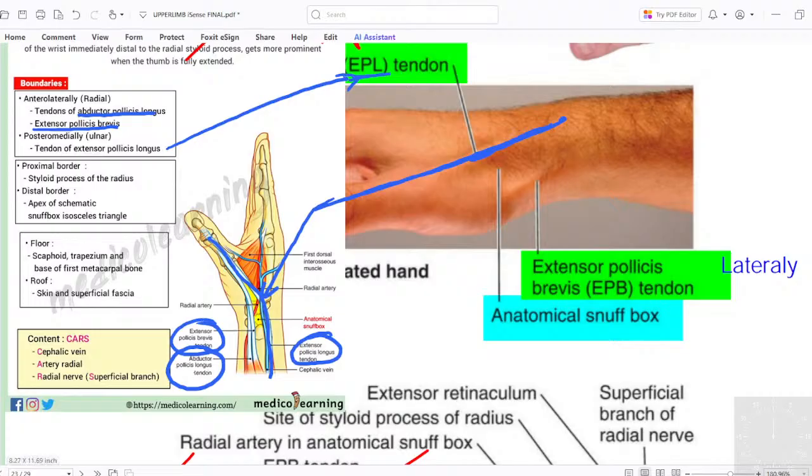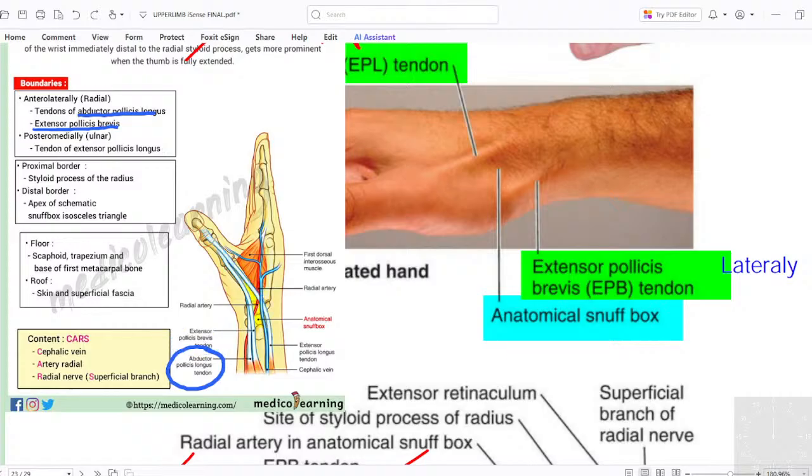Abductor pollicis longus and extensor pollicis brevis. It is difficult, but if you read again and again, maybe you will find your own way to remember.